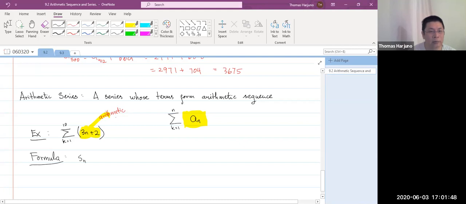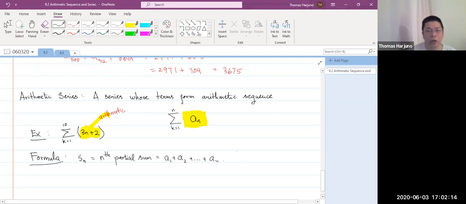S_n. This S_n is actually a common notation for summation, but specifically once we use subscript n, it refers to the nth partial sum, which means we are adding the first term all the way to the nth term.